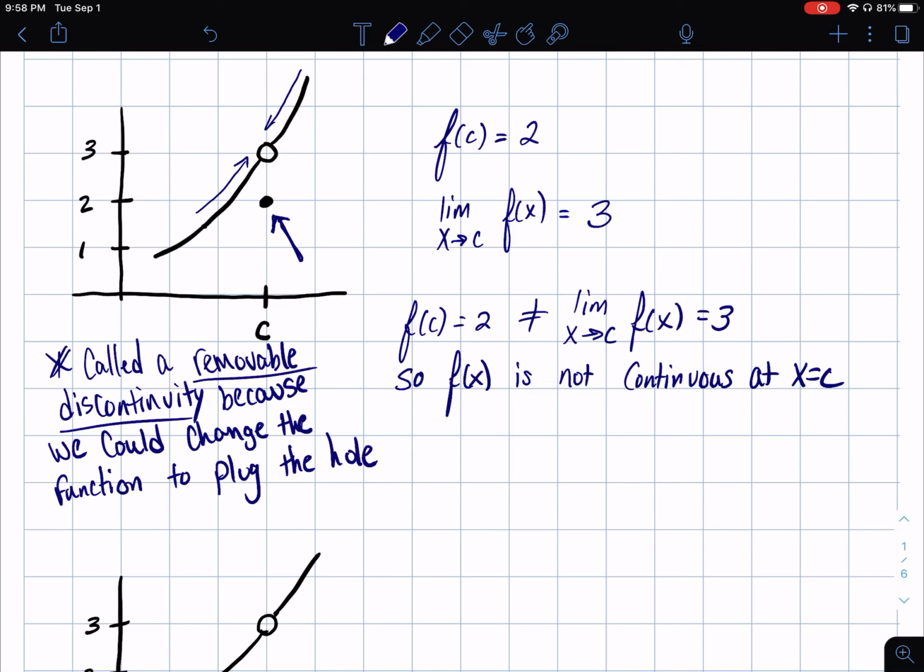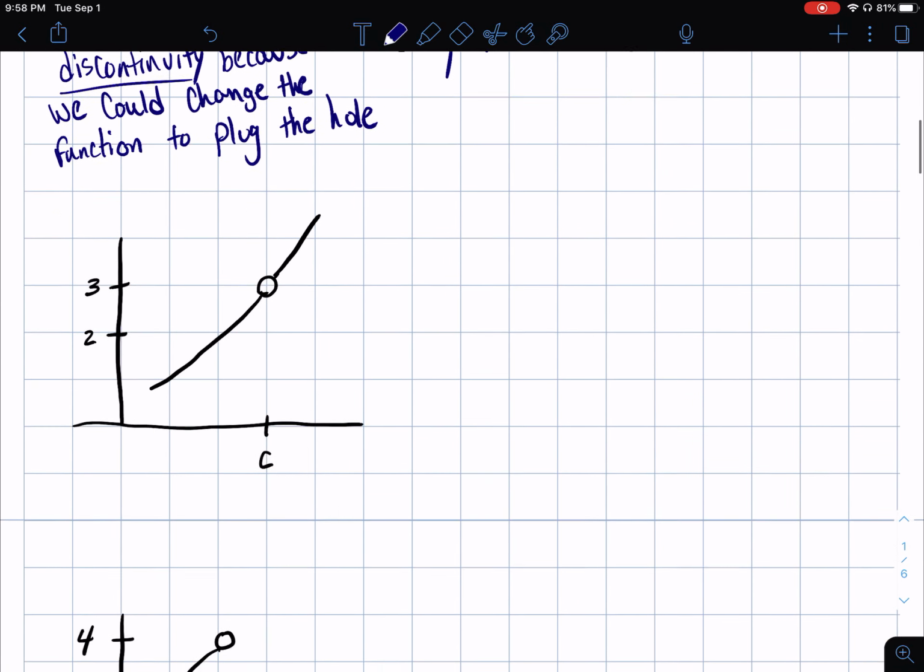So when we have this hole, it's like a part of the graph has been removed, and we could fill that hole back in if we wanted to.